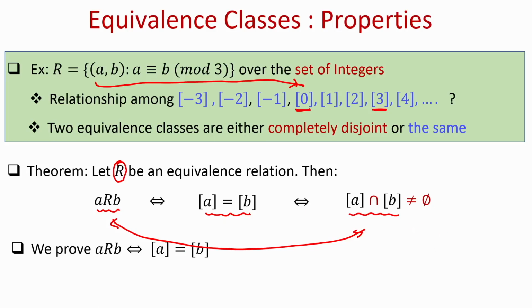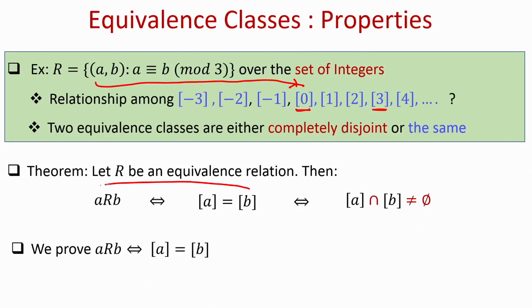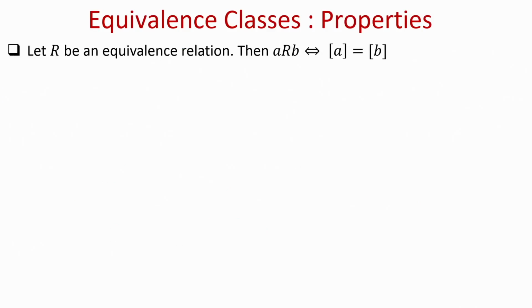I am going to prove one of the bi-implications and I leave the proof of the other bi-implication for you. It is very simple, it follows the proof of the first bi-implication. So, I will prove that if R is an equivalence relation and if A is related to B, then their equivalence classes are the same.